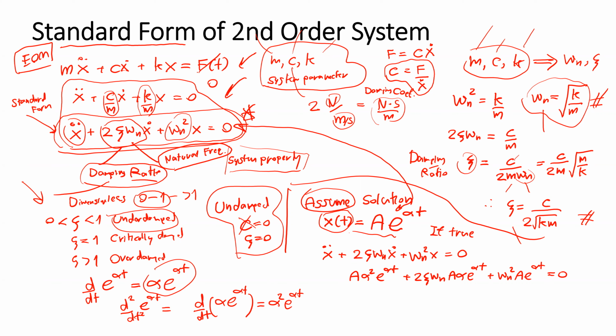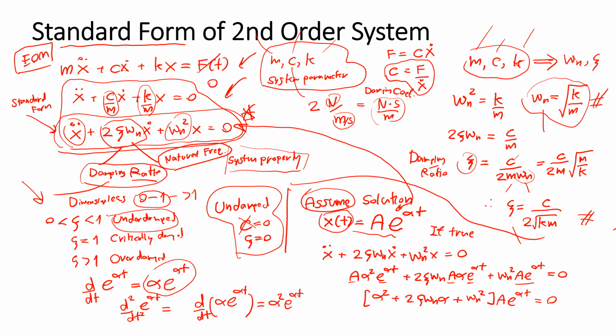How can we combine the terms? All the terms have A e to the power alpha t as the common term. So in the parentheses, it's going to be alpha squared plus 2 psi omega n alpha plus omega n squared, times A e to the power alpha t, and that needs to equal 0.